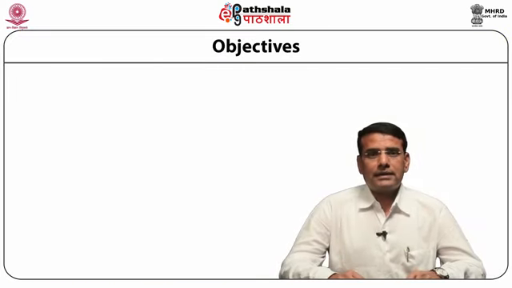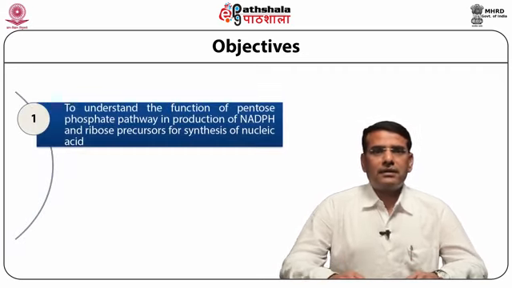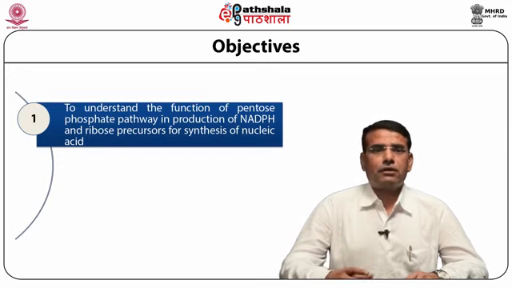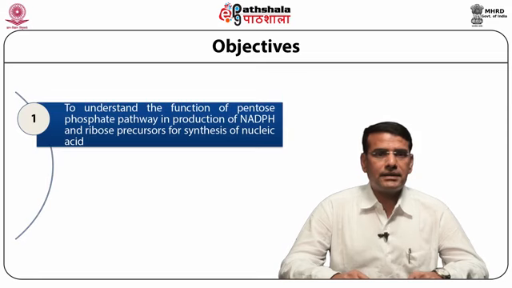Today we are going to discuss a module on pentose phosphate pathway under the paper carbohydrate metabolism. Students, let us see what we are going to learn in this module. We will try to understand the function of pentose phosphate pathway in production of NADPH and ribose, precursor for synthesis of nucleic acid.